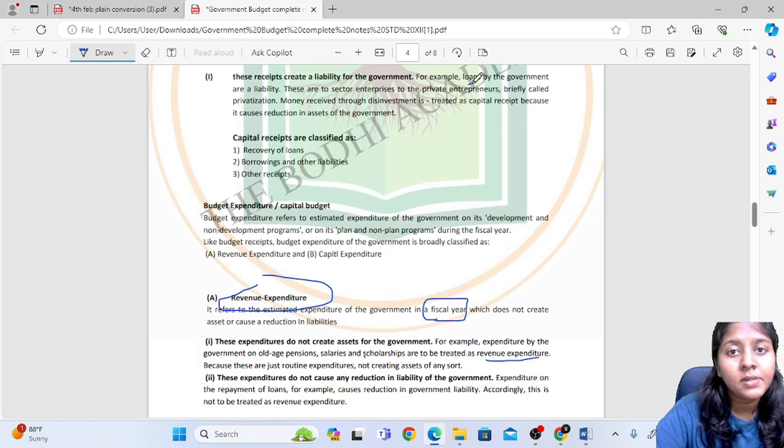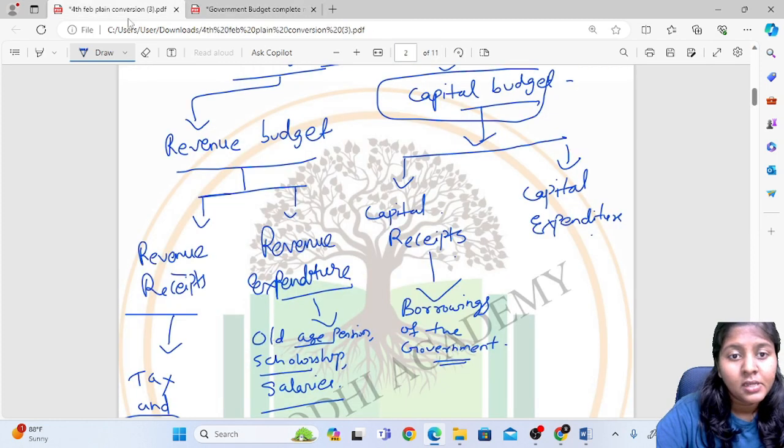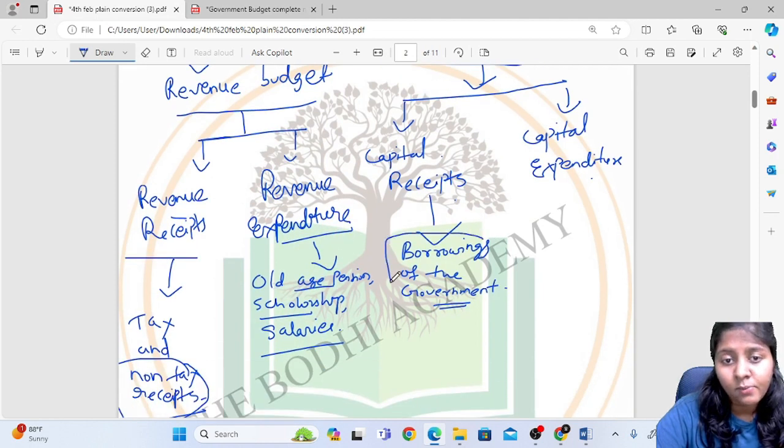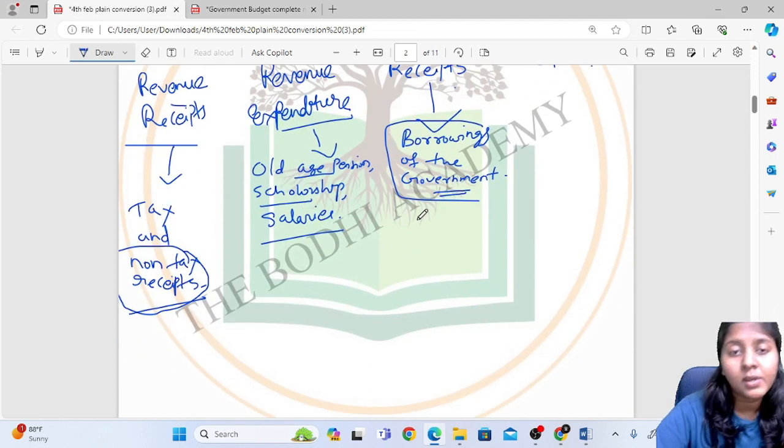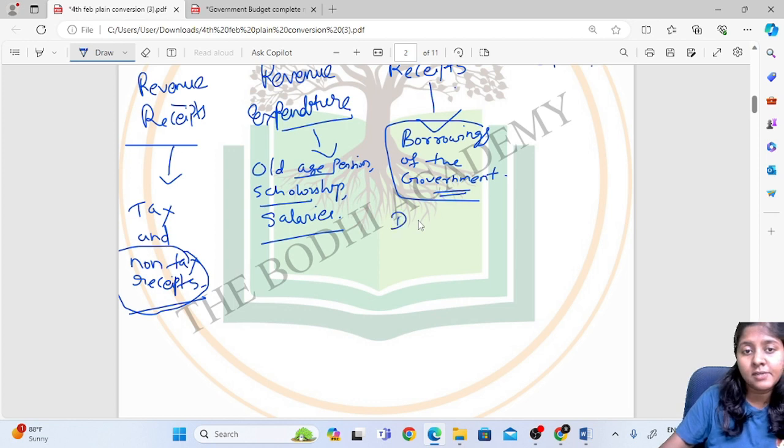So for example, loans and borrowings. Also, the transfer of public sector enterprises to private entrepreneurs is briefly called privatization. Now either a government can borrow money, or they can do disinvestment.